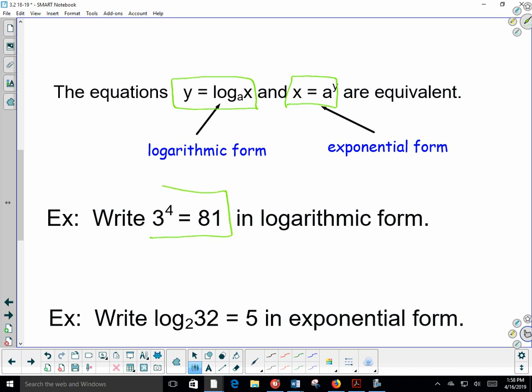So if I have 3 to the 4th equals 81, which I think is on your gift, and we want to rewrite this in log form, that means I'm going to have to fill in these boxes. Log to the base what of what is equal to what? Can you help me out with this, Dan?